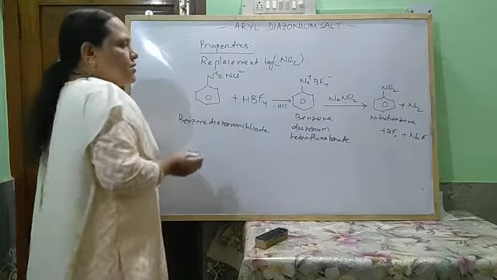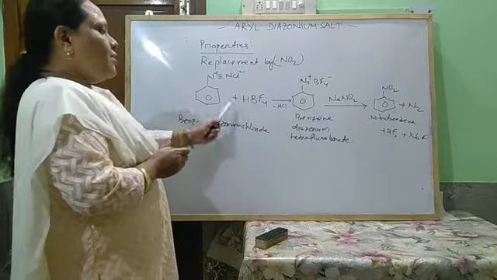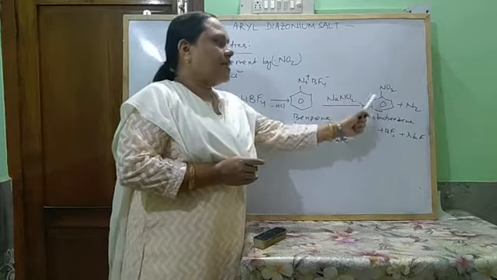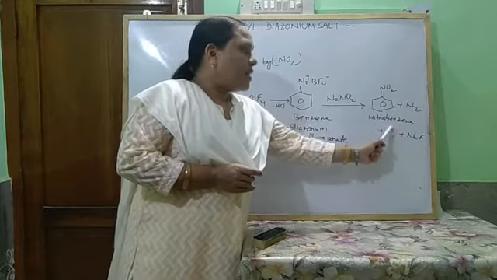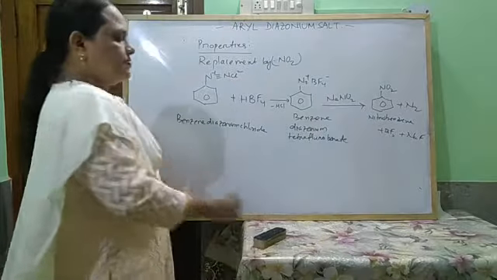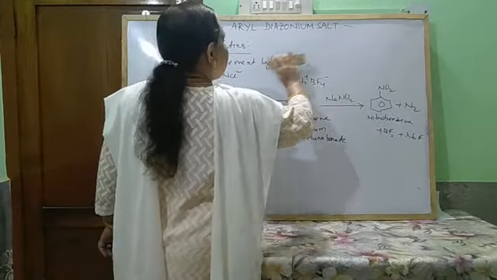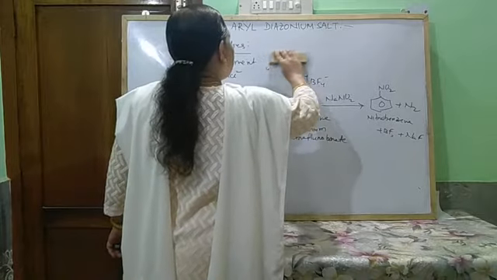So benzene diazonium chloride treated with hydrofluoroboric acid followed by treatment with sodium nitrite forms nitrobenzene.